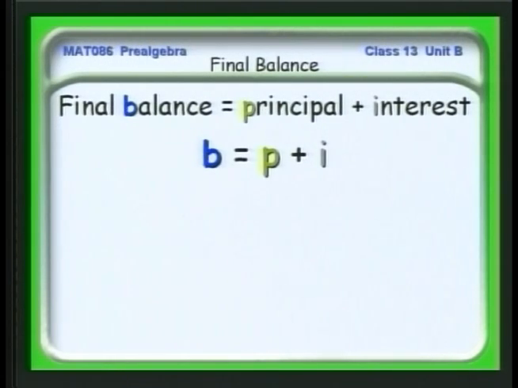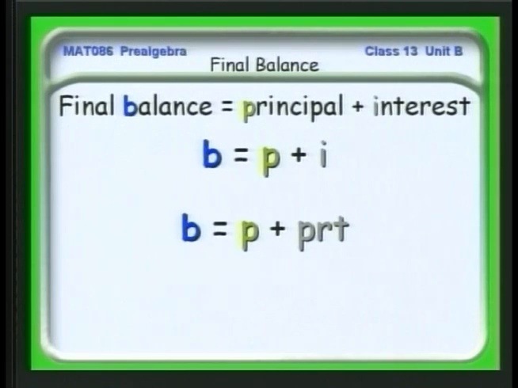We express it this way: B, the final balance, is equal to P plus I, principal plus interest. And if I write out what the interest is, remember the interest is the principal times the rate times the time, I notice something. I have the principal times 1, P, in that first term on the left. Then in the right-hand term, on the other side of that plus sign, I have PRT.